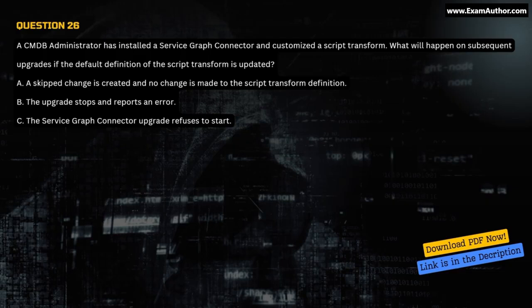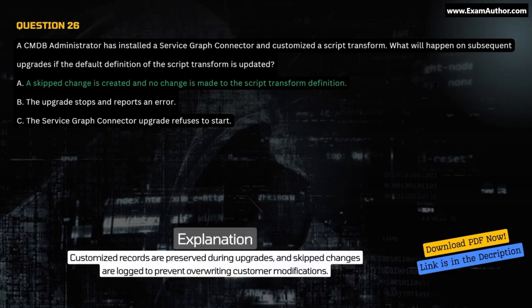C. The Service Graph connector upgrade refuses to start. Correct answer A. A skip change is created and no change is made to the script transform definition. Explanation. Customized records are preserved during upgrades, and skip changes are logged to prevent overwriting customer modifications.